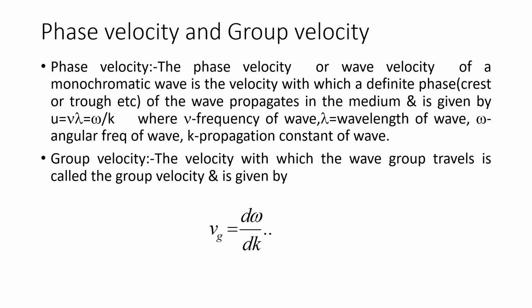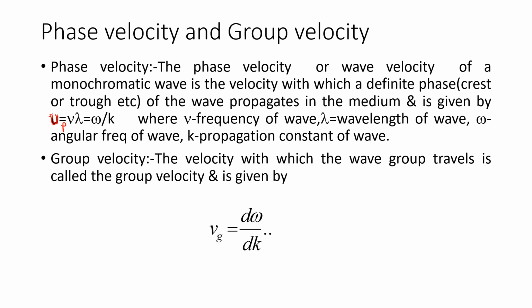Look at this, students. This is what we have seen: the definition of phase velocity and group velocity. This u can be written as Vp, the phase velocity. u is the wave velocity, that is also called phase velocity.